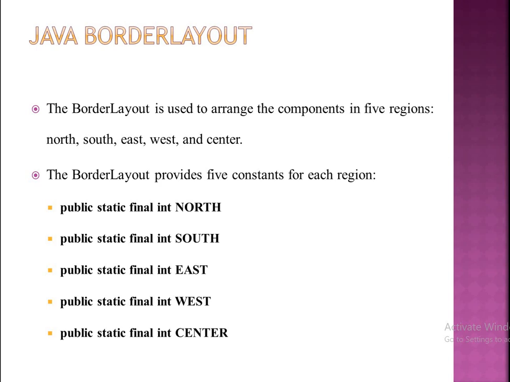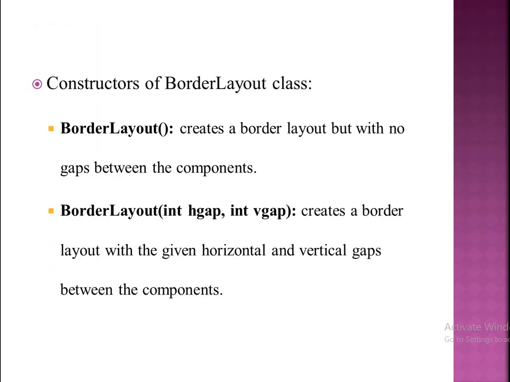In BorderLayout, there are 5 constant regions: public static final int NORTH, public static final int SOUTH, public static final int EAST, public static final int WEST, and lastly, public static final int CENTER. In these 5 regions, we can place any component with fixed width.